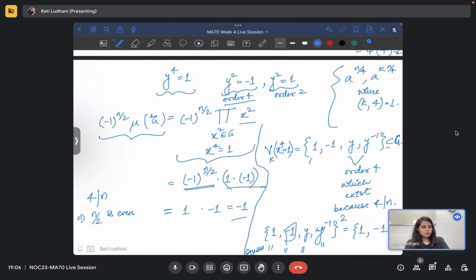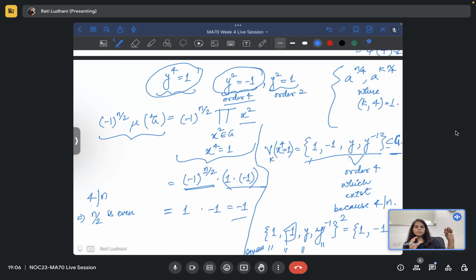So what we did here, we need to find this product. So we have written it down in the form using part A. So it's just all the elements with the square to be 1, and here it will become x raised to power 4 to be 1, and from the field thing, we know that this will have just at most 4 elements, and since 4 divides n, it will have these 4 elements in the group G. Okay, so these 4 elements, we just take the square of these elements, and from the condition x raised to power 4 equals 1, it will become y square is equal to minus 1 and y square is equal to 1.